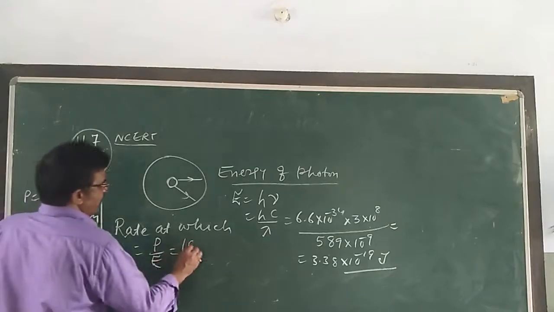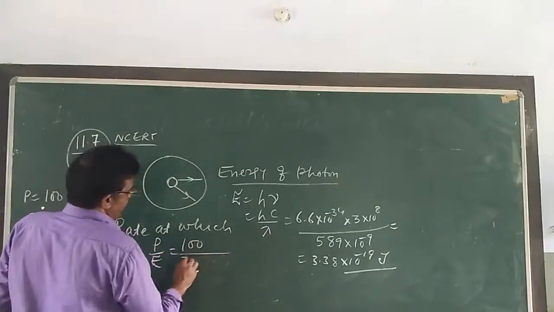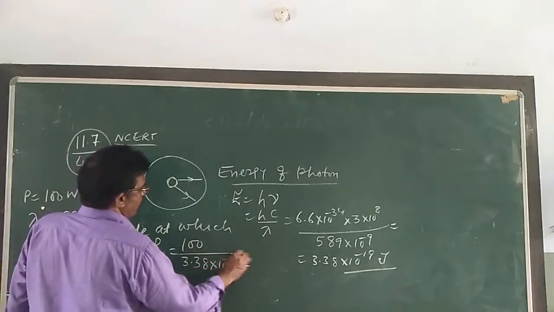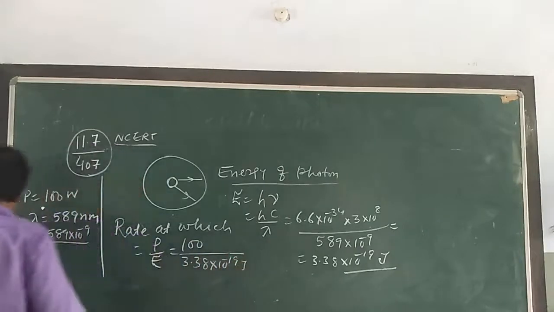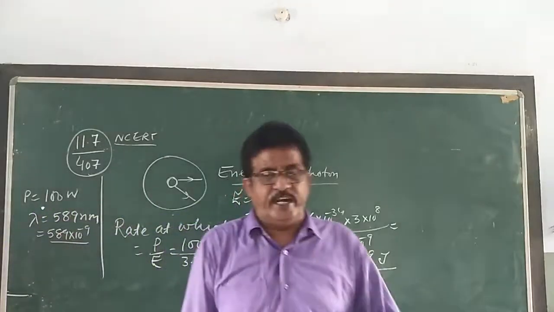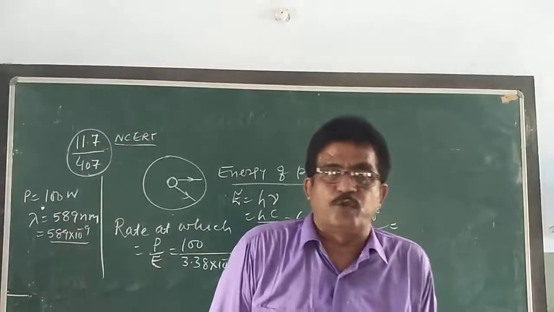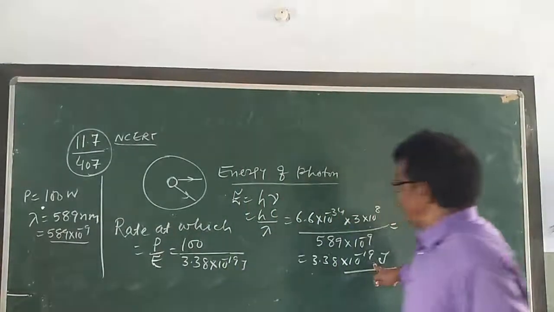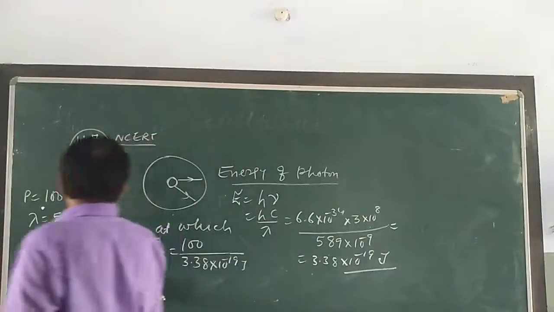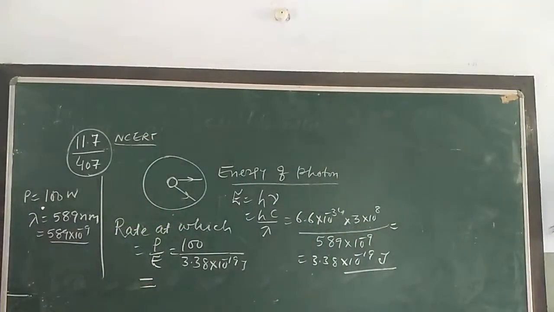So 100 divided by the energy you have calculated, 3.38 into 10 raised to power minus 19 joule. So you can write here 100 divided by 3.38 into 10 raised to power minus 19. Solve this and get the answer. This is the rate.